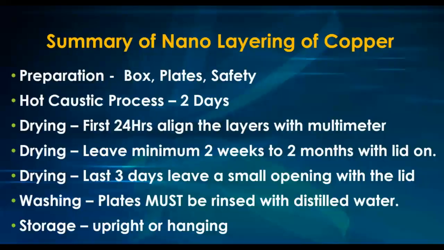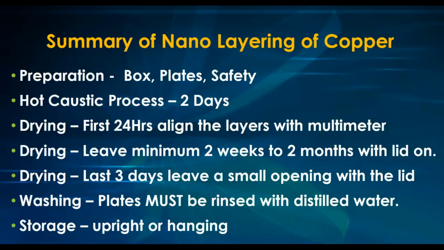So as a summary, you've got to be prepared and have everything organized, and safety is very, very paramount. So your hot caustic process, essentially 2 days, and then your drying, if you want to do your first 24 hours to align the layers with the multimeter, and as Sandro says, depending on what you're wanting to do, you can carry on with that aligning with the multimeter.